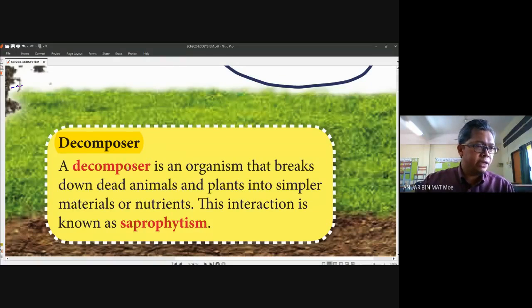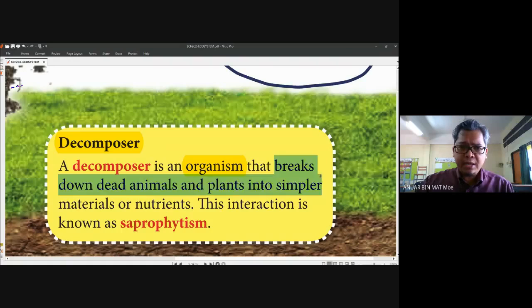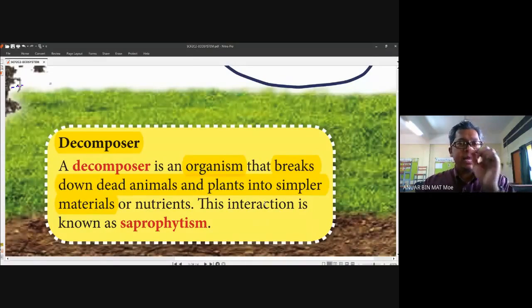What is a decomposer? It's an organism that breaks down dead animal and plant into simple material. You just remember this. It will decompose the dead animal and dead plant.